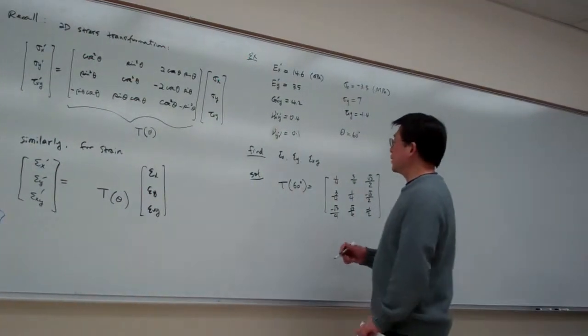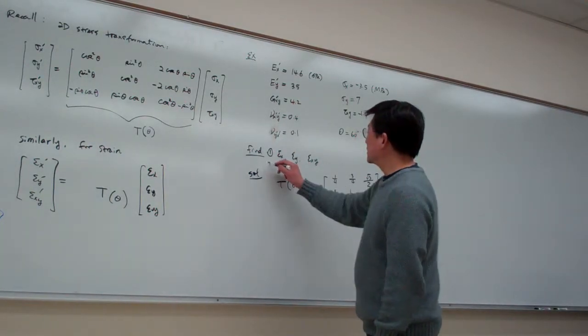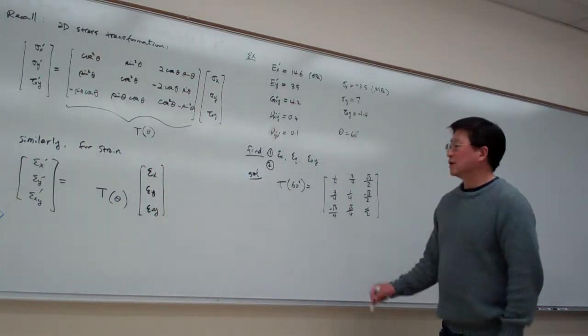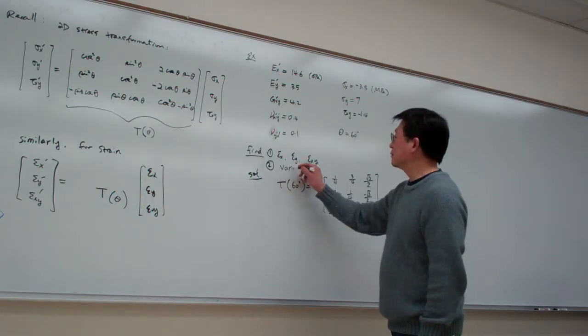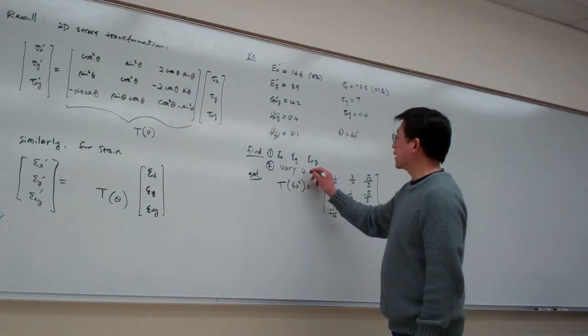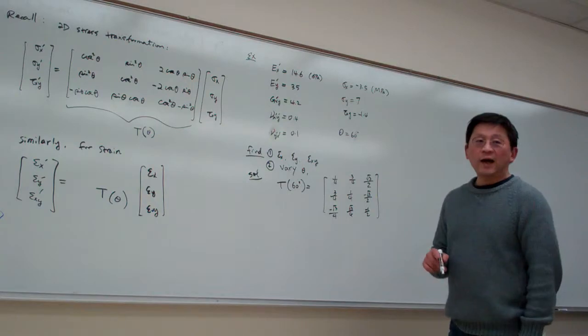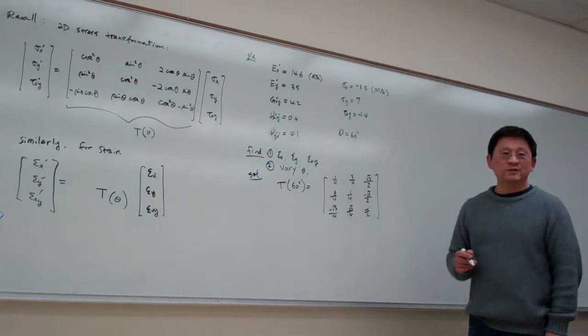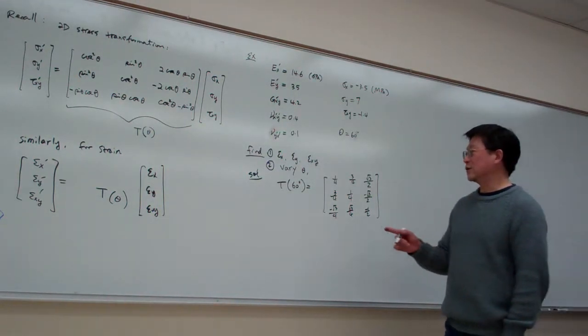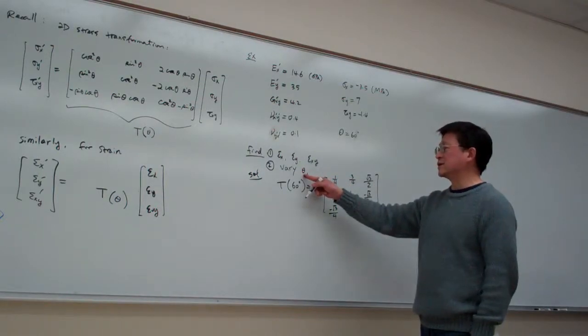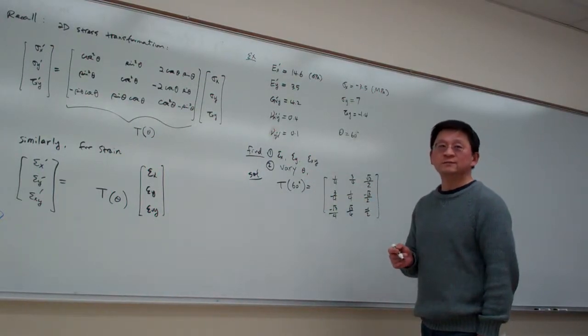So that is the first question. The second question is this. If we vary the value of theta, I will ask you to do a parametric study. Okay, for example, I designate theta varying from 0 to 45 degrees.